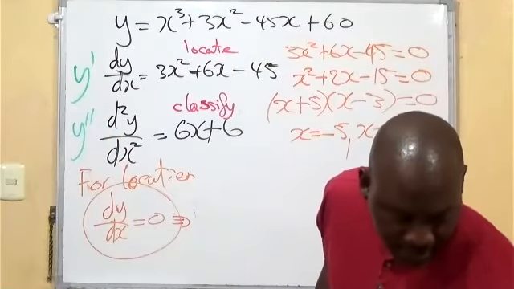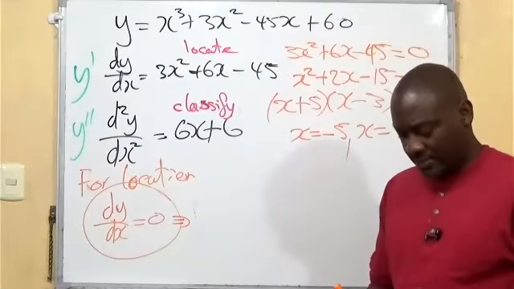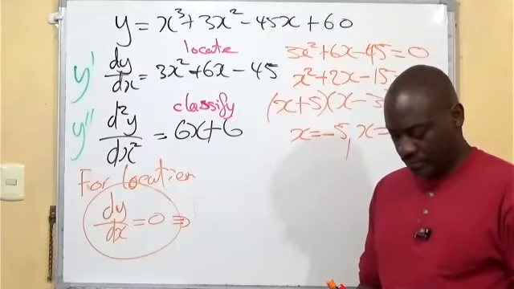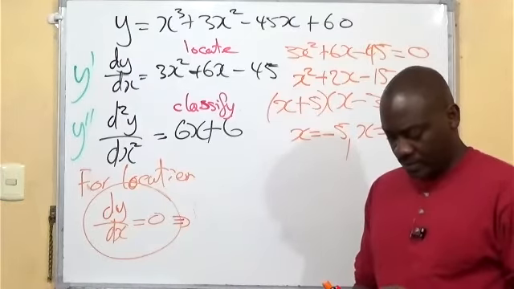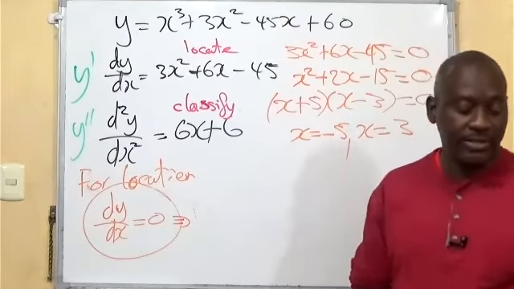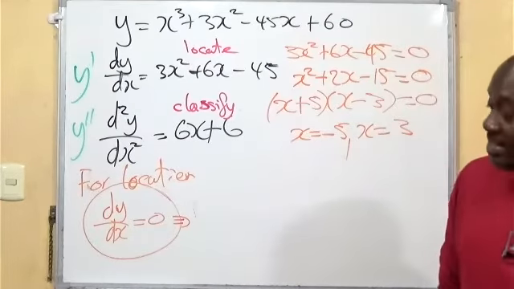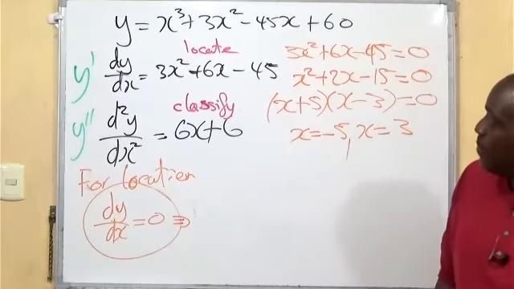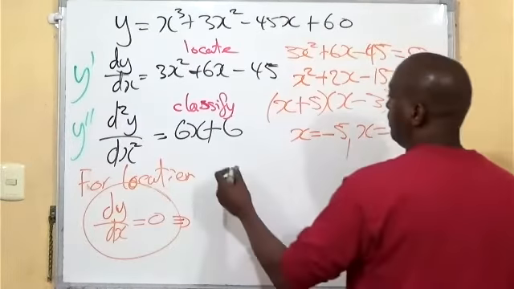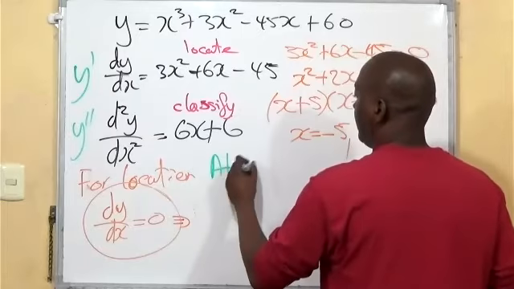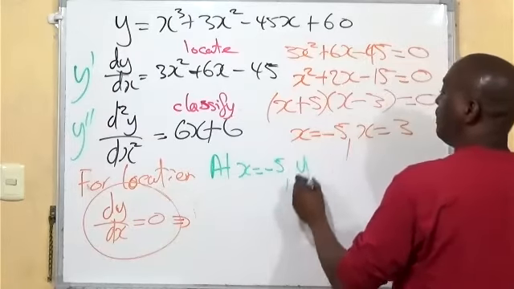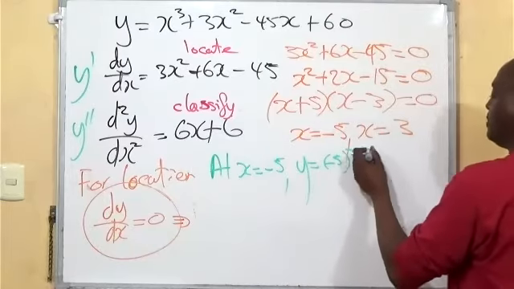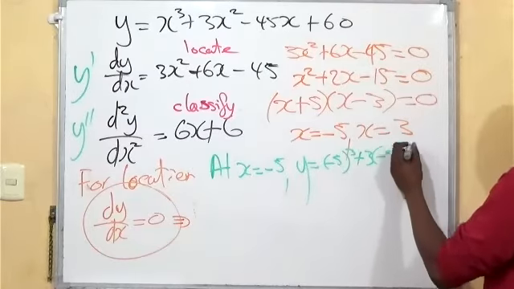Did they ask for the coordinates? They asked for the coordinates, right? Find the coordinates. So if they ask for the coordinates, it means that we had to give them x and y. So when x is equal to -5, your y would be what? So you say at x equal -5, y is equal to -5 cubed plus 3 by -5 squared.